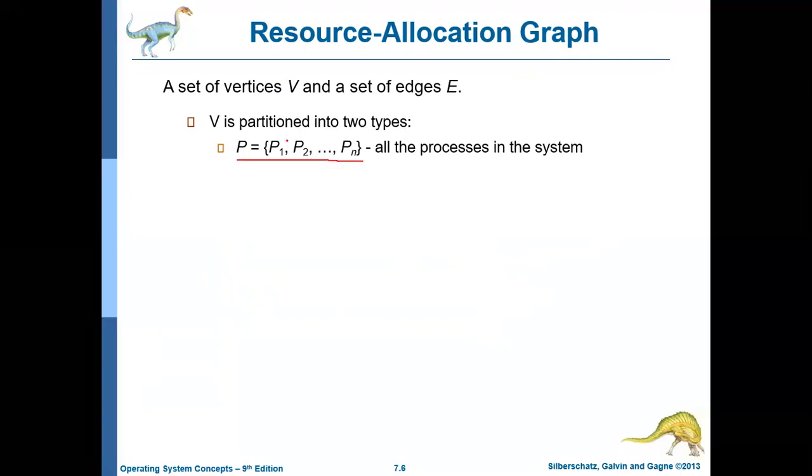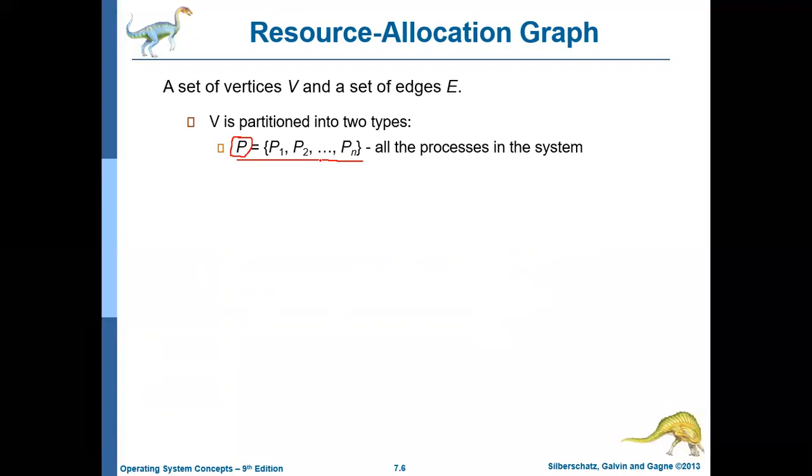All the processes in the system are represented as vertices, and processes are represented by the letter P. So P1 represents process 1, P2 represents process 2, and so on up to Pn, which represents process n. So process is one type of vertex.